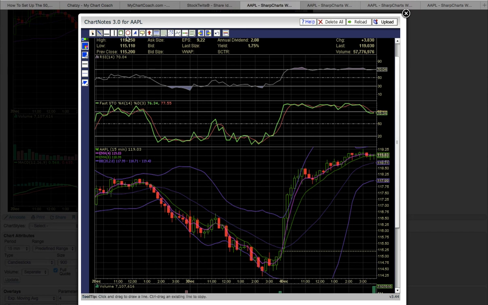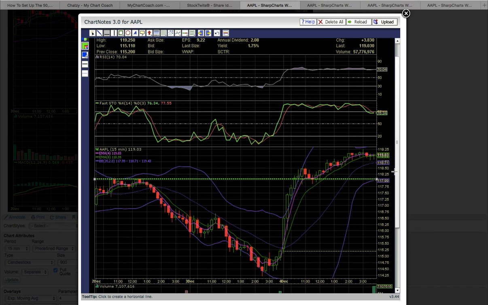And then, as you can see here, this is a key support level because it was resistance here on the 2nd. So if it does pull back, there should be support here from the 2nd. What you do want to look for is if the middle Bollinger Band turns into resistance, that will signal a new downtrend.